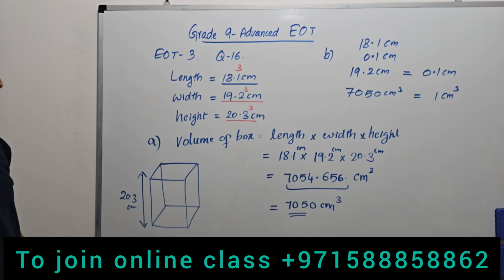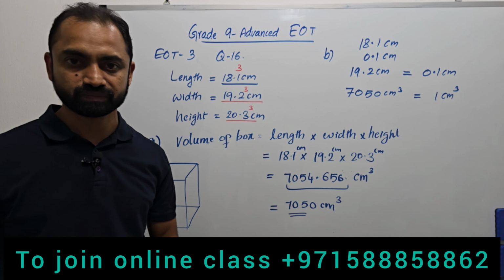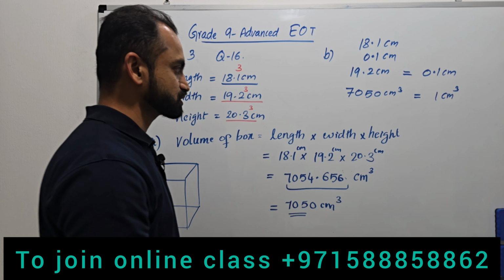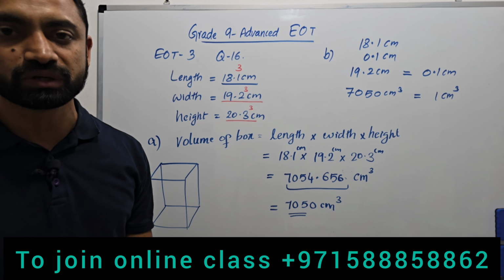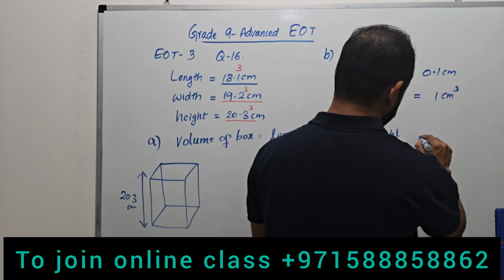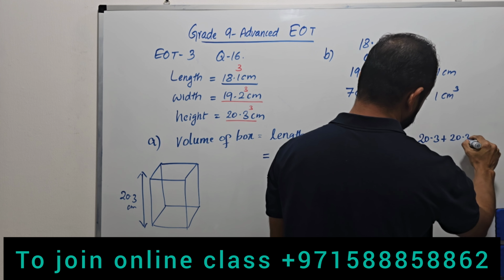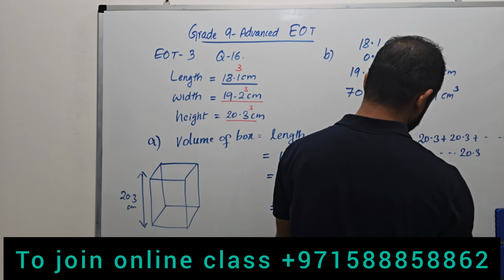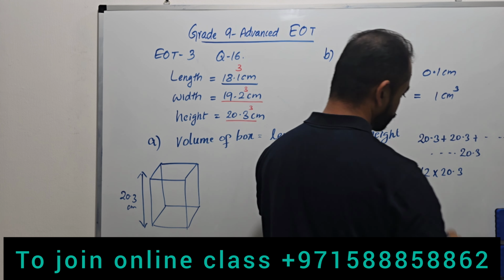So we can add this 20.3, 12 times, correct? Like 20.3 plus 20.3 plus 20.3, like that. If I add 20.3 twelve times, that is actually equal to 12 times 20.3, right?